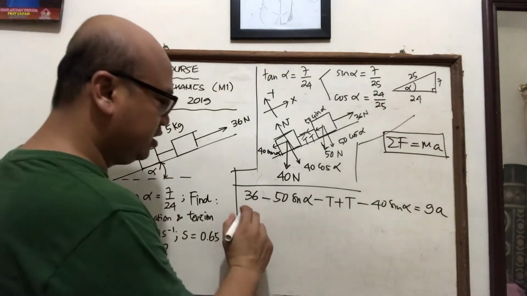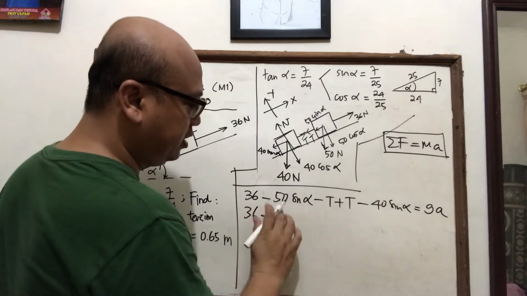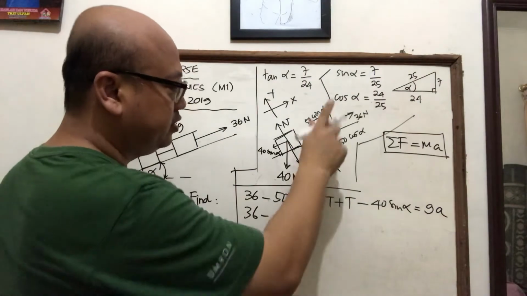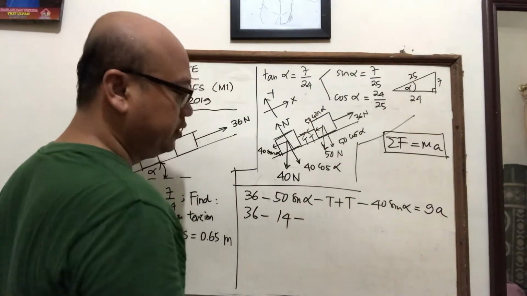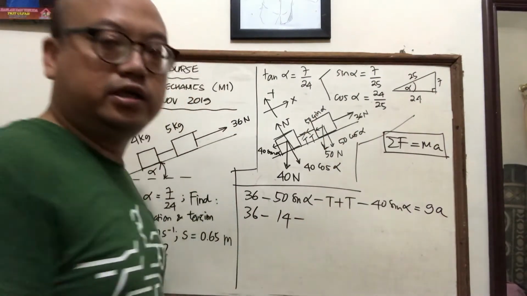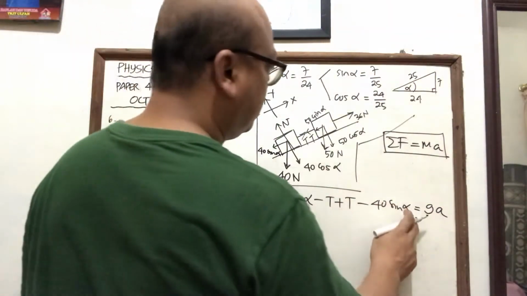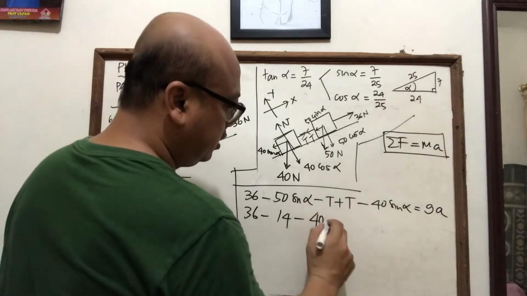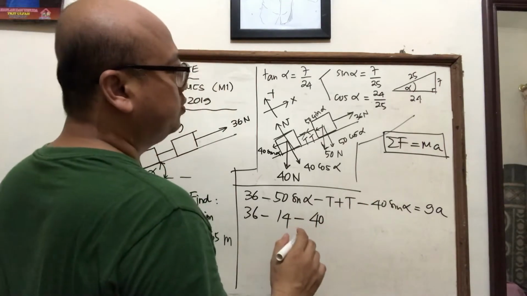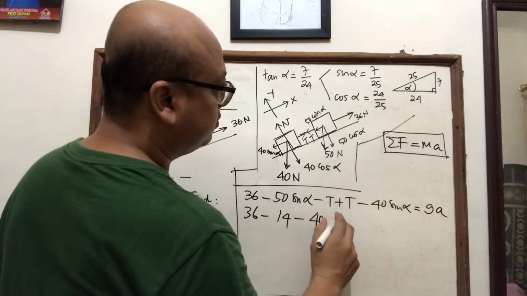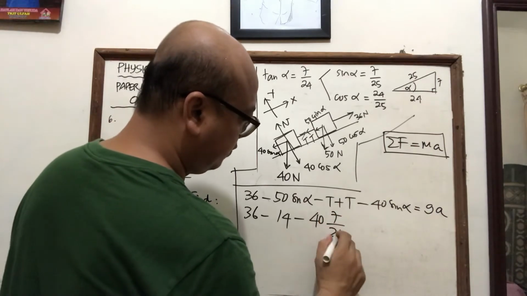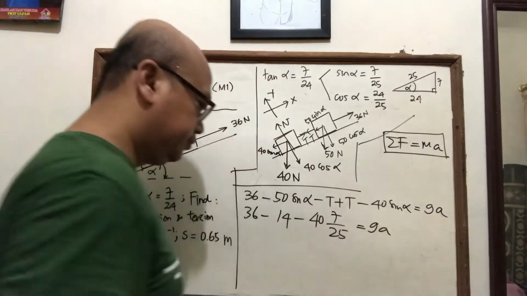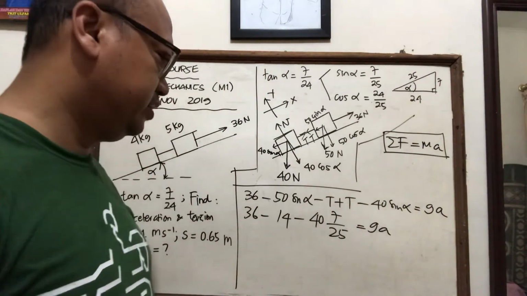So we get 36 minus 50 times 7 over 25, which is 14, minus T plus T equals 0, and 40 sine alpha is 40 times 7 over 25, then equals 9a.